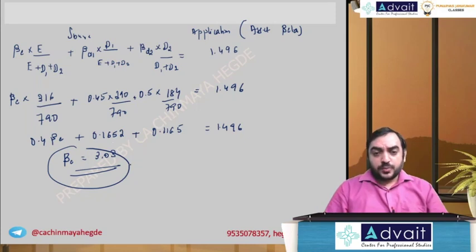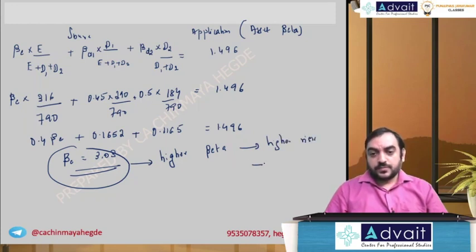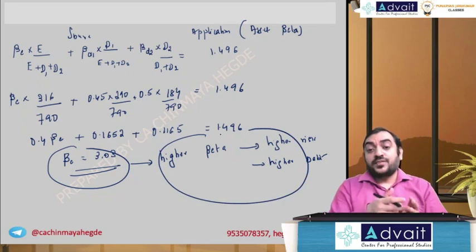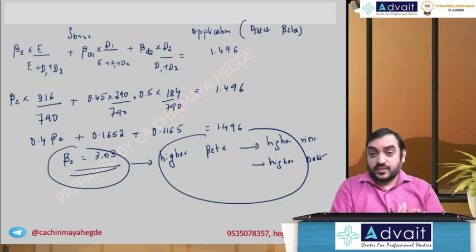Hope you got it. So basically higher beta means we are telling higher risk, which means it is higher debt. So higher debt should compensate with more return for shareholders. Expectation. Whether it happens or not, only time will tell.